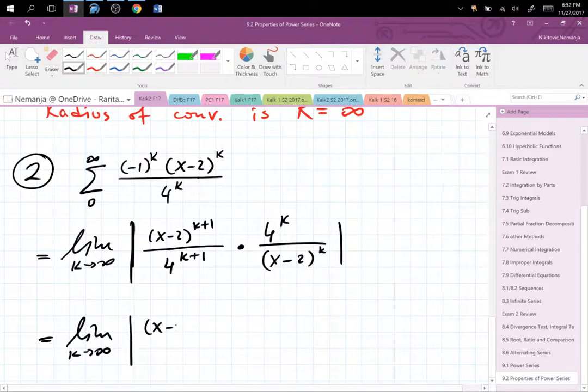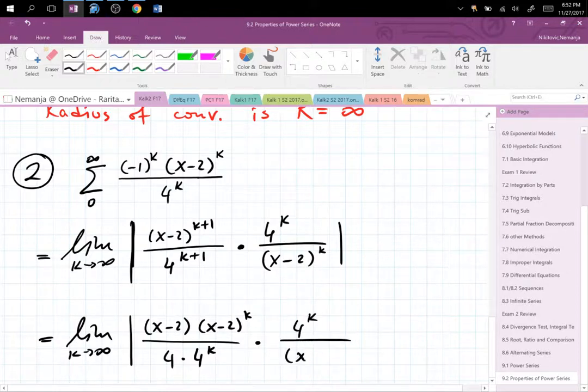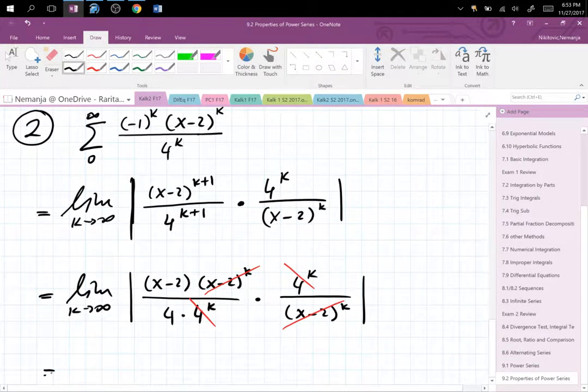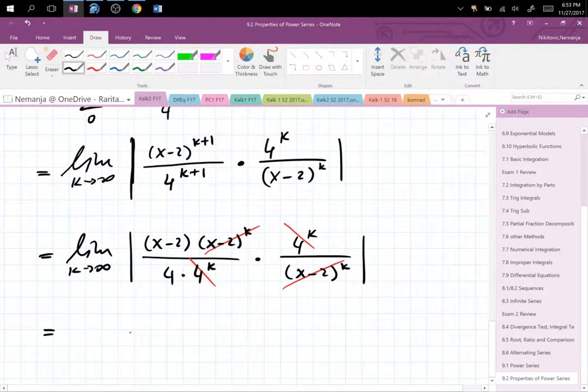So we have x minus 2 to the k plus 1 over 4 times 4 to the k. So you peel 1, that plus 1, times 4 to the k over x minus 2 to the k. A lot of stuff cancels, and we get the limit as k goes to infinity of the absolute value of x minus 2 divided by 4.